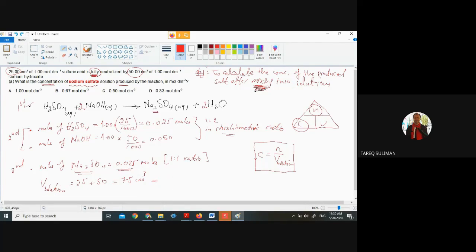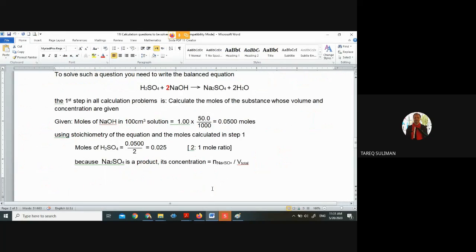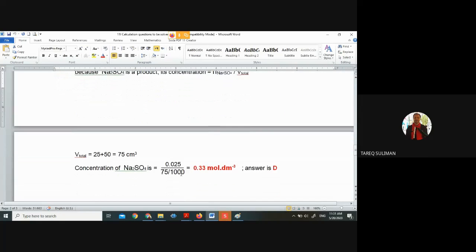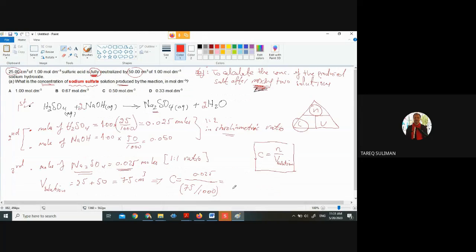Therefore, the concentration of sodium sulfate in the obtained solution is 0.025 divided by 75, which is also divided by 1000 to convert to decimeter cube. If we divide them, we will obtain this value, 0.33. Clear? 0.33.